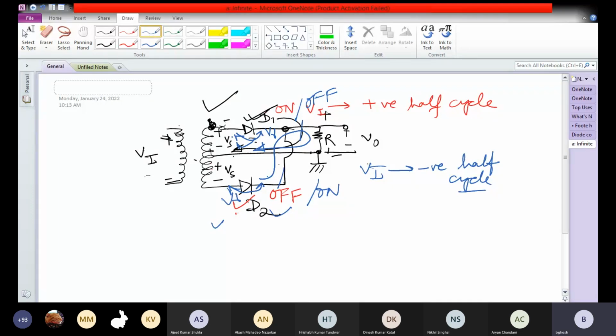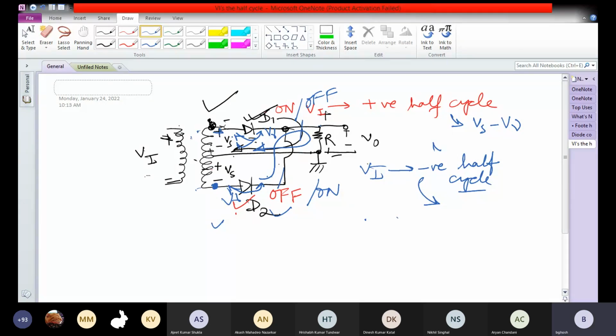So the voltage across R in the positive half cycle will be Vs minus V gamma, because we have a voltage Vs here, minus the V gamma drop across the diode D1, and that will appear across the resistance R. When we are in the negative half cycle, the voltage at this point is minus Vs, because the polarity of Vs has changed sign.